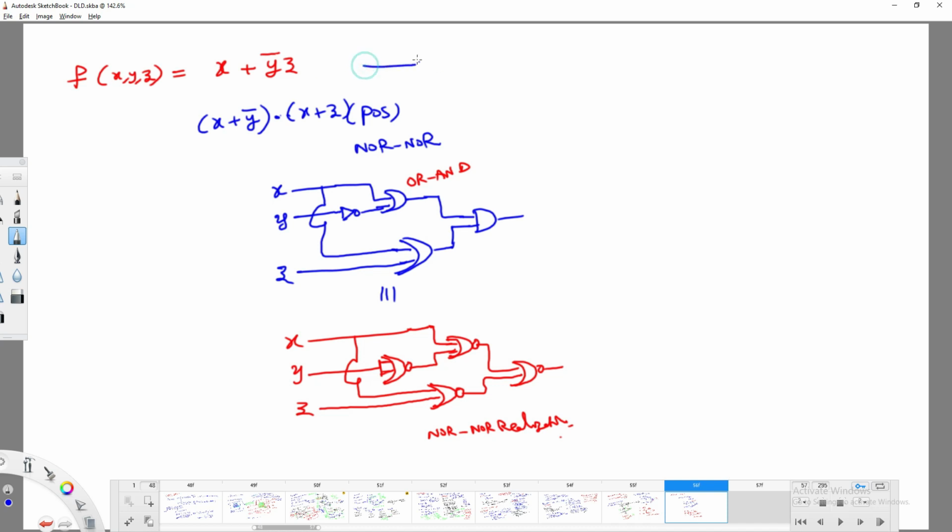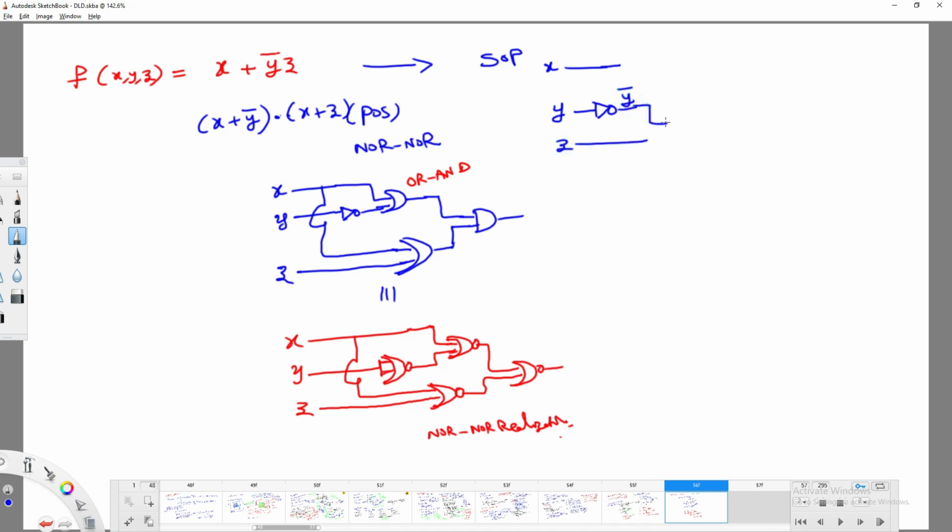Guys, can we construct it in the form of sum of products? Yes, right. This will be in the form of sum of products only. But the thing is, can we do it? Try to observe, try to solve. I have x as input directly, and y as input, that will have a complement y bar, and z as input.